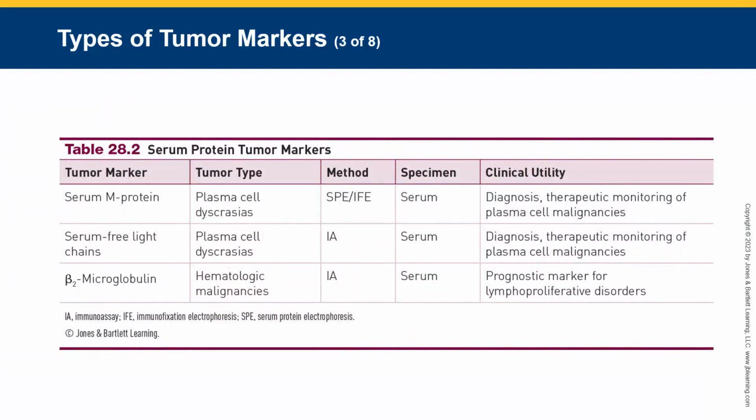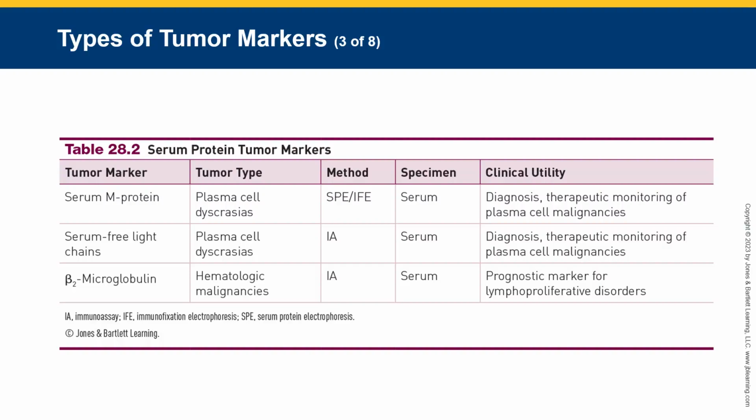Serum M protein, plasma cell dyscrasis, and now you can see IFE is in here and SPE, so we have immunofixation electrophoresis and serum protein electrophoresis. This is used for the diagnosis and therapeutic monitoring of plasma cell malignancies.